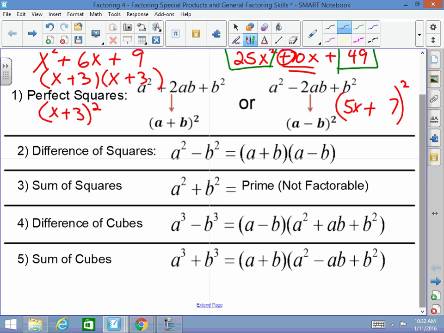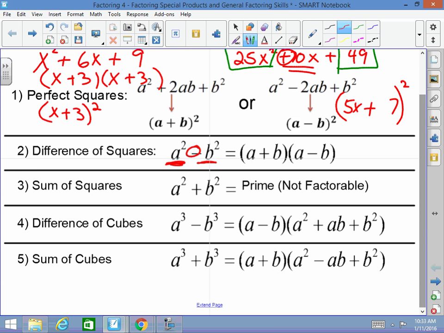Okay. Now, number 2, difference of squares. Difference of squares, guys, unfortunately, you have to memorize. You can't use the old method for this. When you have a perfect square minus another perfect square, you factor it by doing the square root of the first term plus the square root of the second term times the square root of the first term minus the square root of the second term.